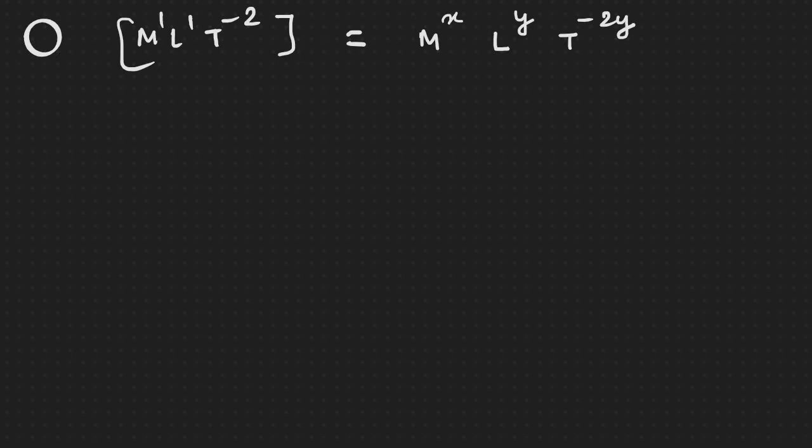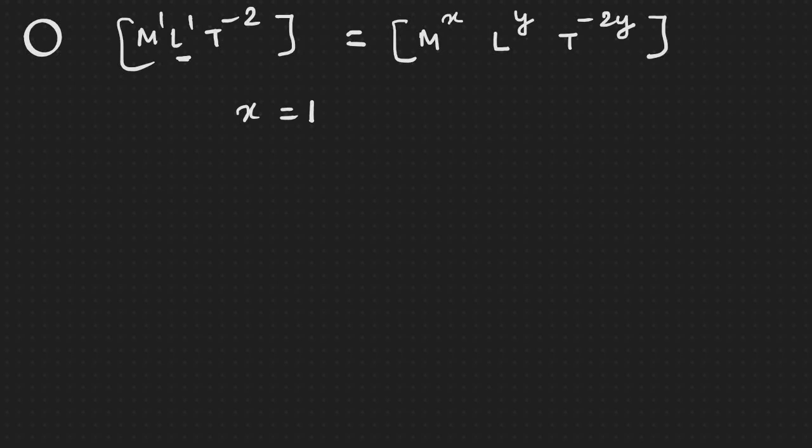What we derived is M1 L1 T minus 2 equals, remember we omitted the constant of proportionality because it is dimensionless, M to the power X, L to the power Y, T to the power minus 2Y, after multiplying M and A raised to X and Y respectively. Here M has 1, that means X equals 1.